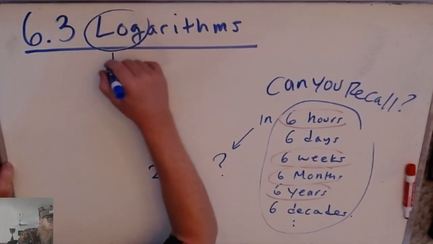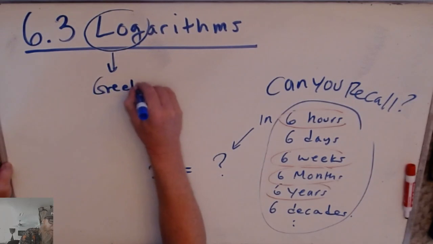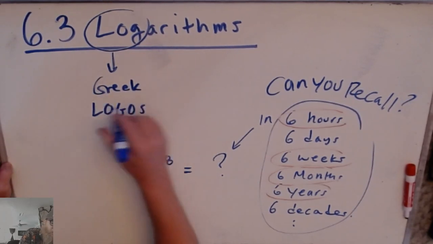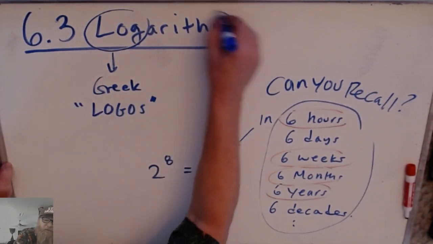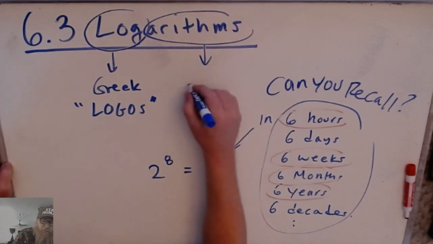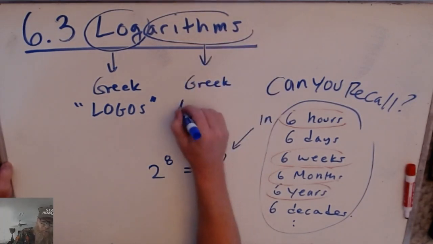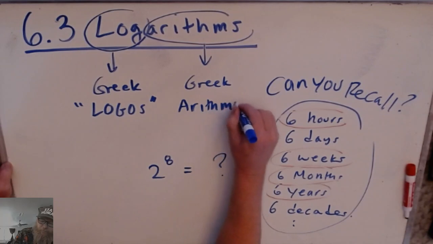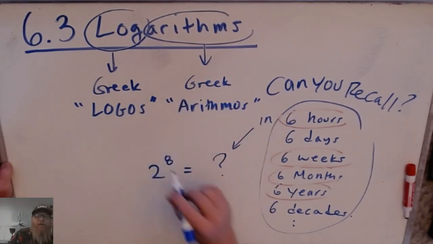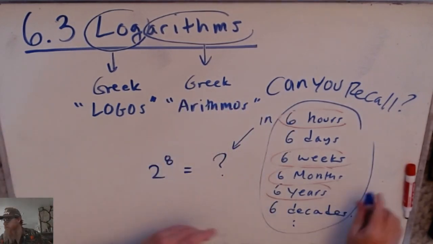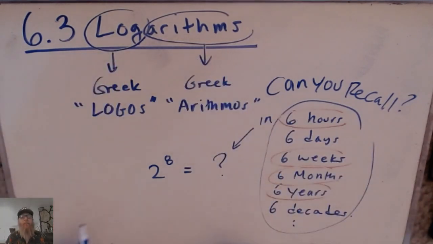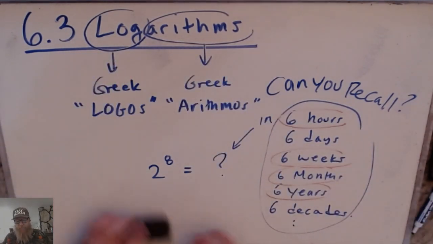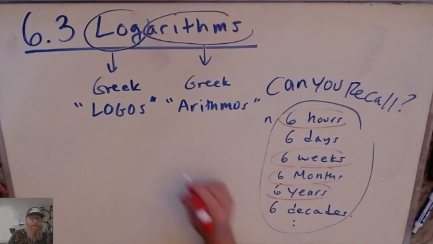This comes from the Greek logos, arithmos. Both of these words are Greek. Logos, arithmos. That's what a logarithm really means. That's what the word origin is.